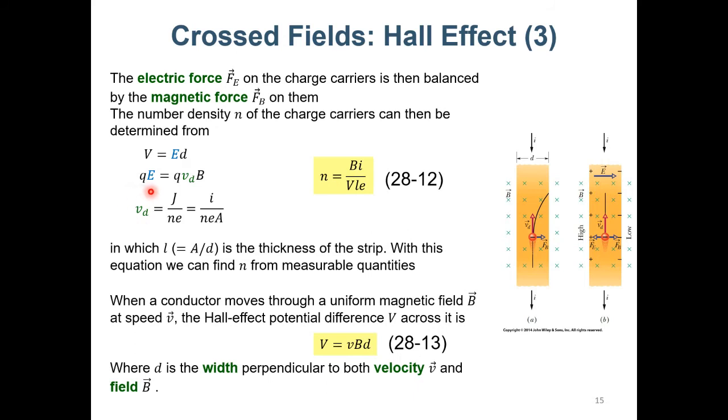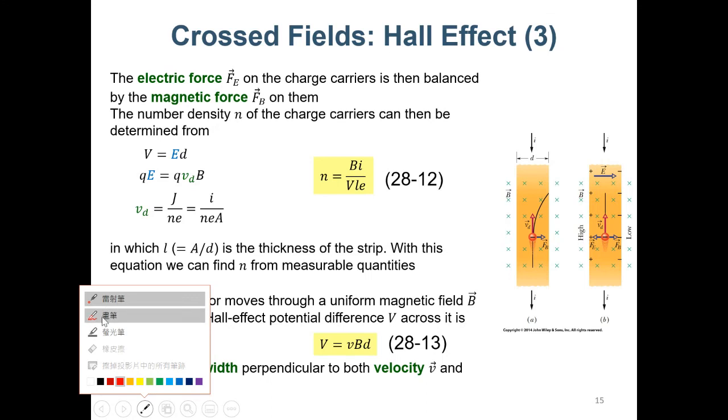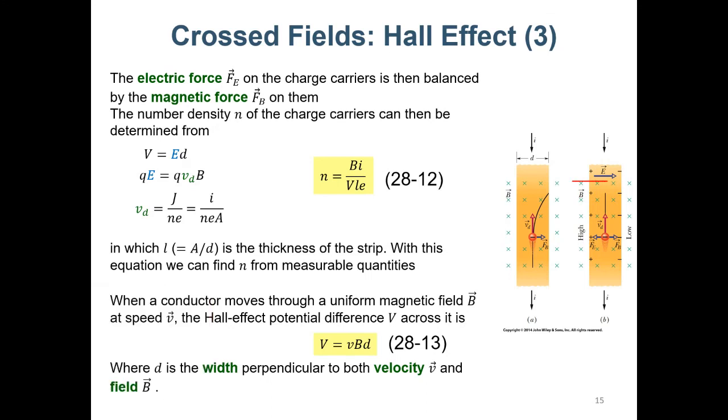In chapter 26, we know that VD equals J over NE, and J equals I over A, which is the surface area, cross-section area. Here, cross-section area means this cross-section, because I is this direction.